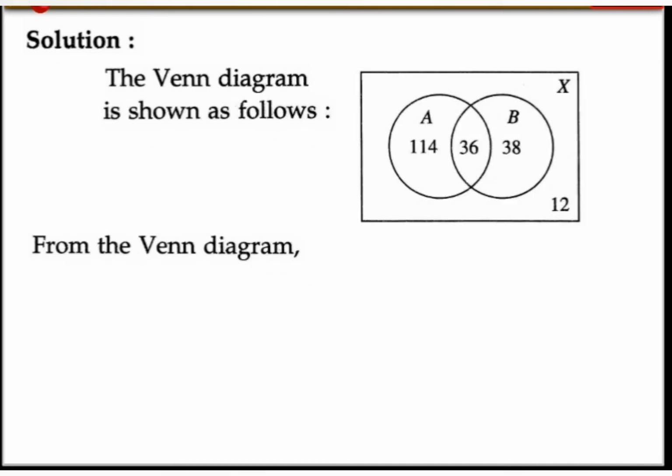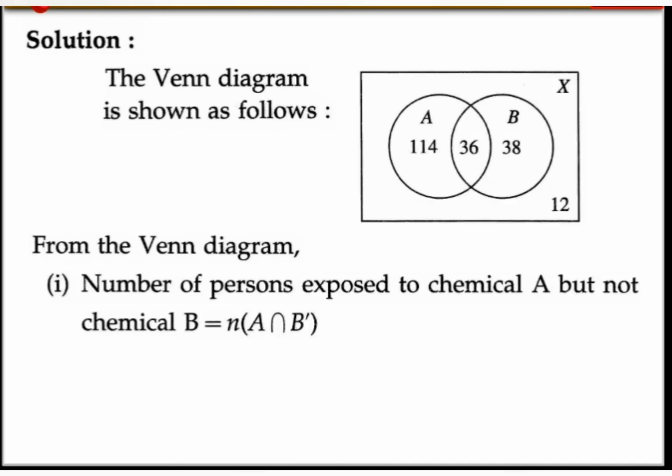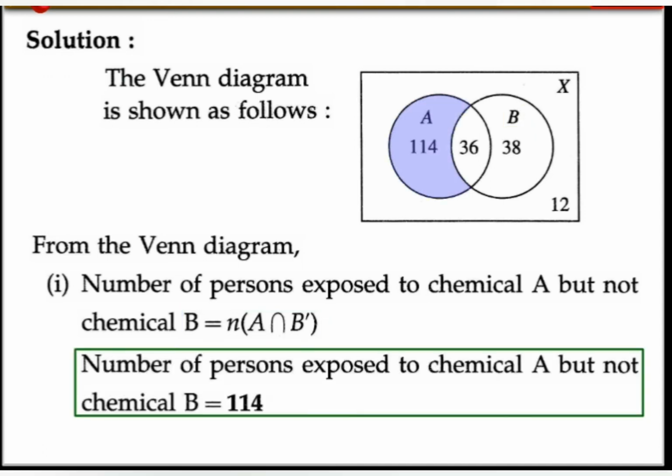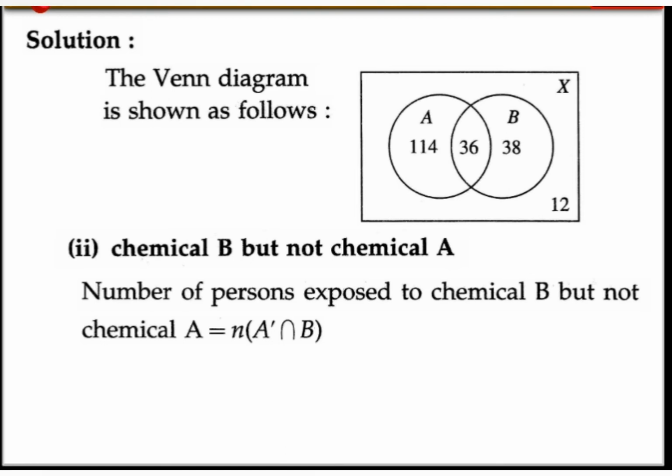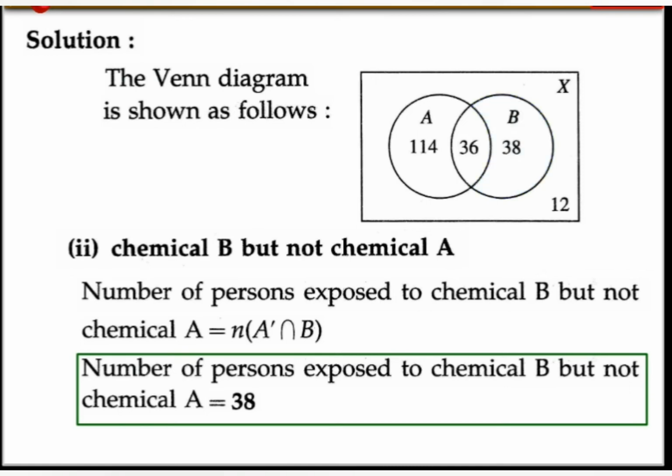Now from the Venn diagram, number 1, the number of persons exposed to chemical A but not chemical B would be n(A ∩ B'), that is 114. Number 2, chemical B but not chemical A. That would be the number of persons exposed to chemical B but not chemical A, that is n(A' ∩ B), that is 38.